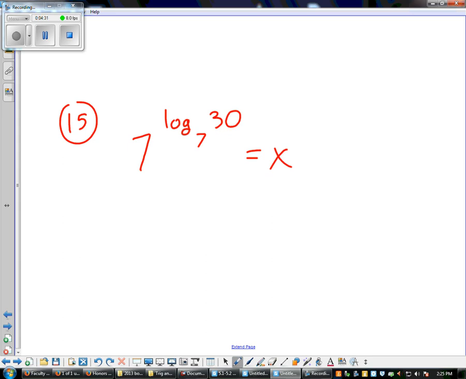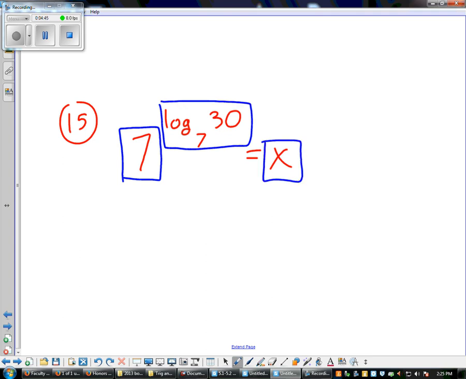Even though we see log in this, this is not a logarithmic equation. It's written in exponential form. Here's the base, here's the exponent, and it's equal to this, right? So it is in exponential form. So I suggest to solve this, to find out what x is, we rewrite it in logarithmic form. So that's my hint to you.